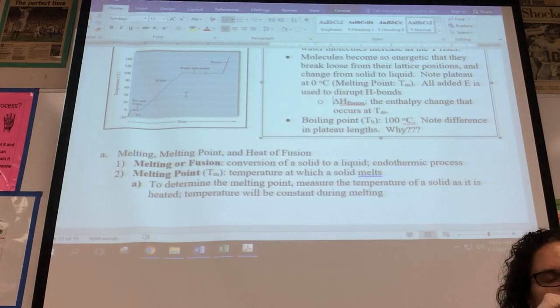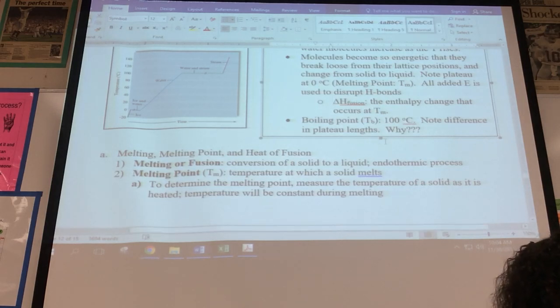Is there a gross difference in IMF formation between solid and liquid? Not huge. But what about from liquid to gas? Yeah, you're breaking them all at that point. So they're all breaking, the particles are flying away from each other. It's going to take a lot longer to break all of those IMFs there.